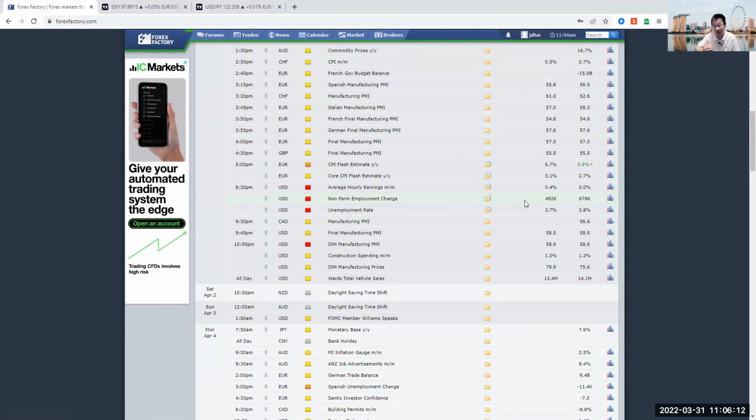We are seeing employment numbers for the US being relatively strong and consistent, so a small drop would be expected. Unemployment rate for the US is looking to strengthen slightly, dropping from 3.8 to 3.7. And average hourly earnings month on month is going from 0 to 0.4, so hourly earnings increasing slightly.